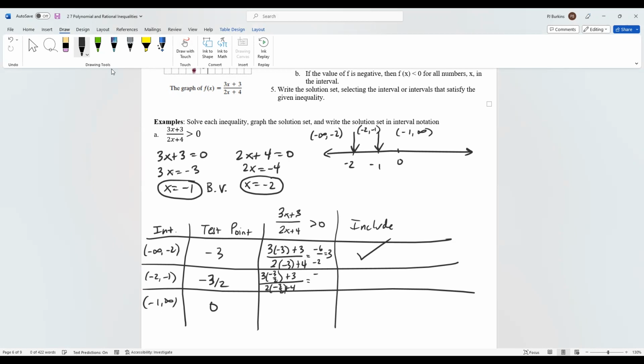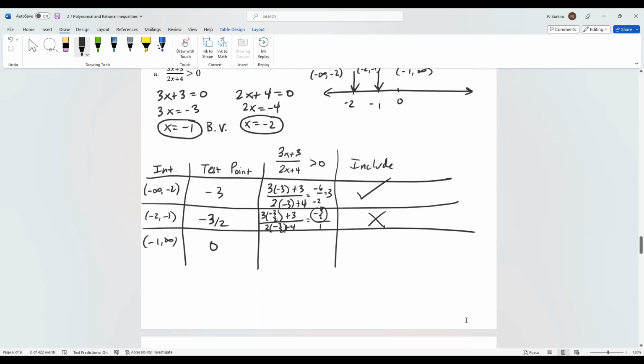So -3 halves on top. 2 times the -3 halves would be -3. -3 plus 4 would be +1. That is -3 halves. That is not greater than 0, so this is excluded. And then finally, plug in 0.